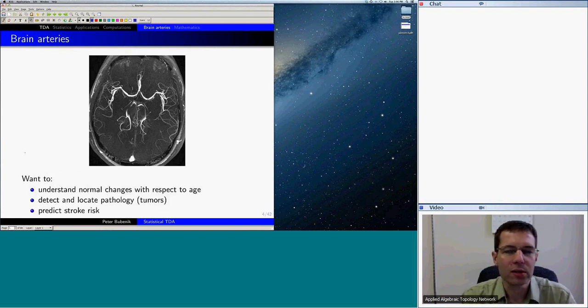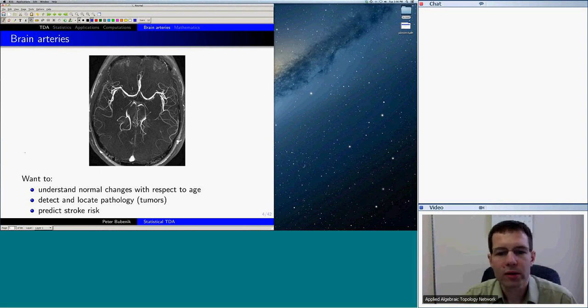And one of the reasons that you might want to do that, well, first of all, this arterial structure in the brain changes as we age, so we'd like to understand those changes. Hopefully, we'll be able to use the structure to detect and locate tumors, and also to predict stroke risk.